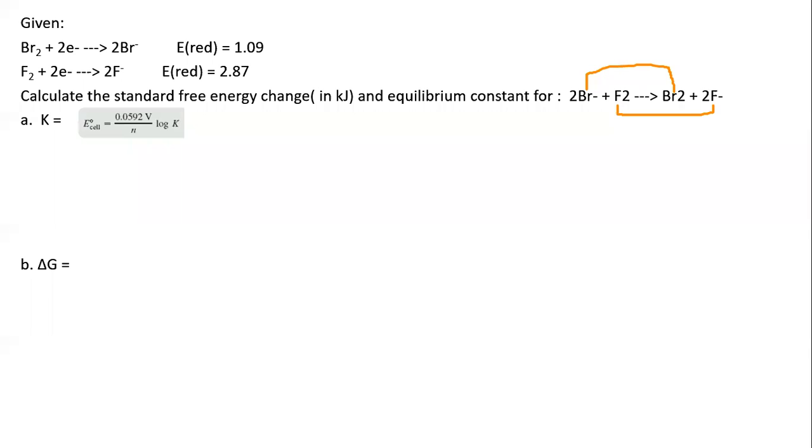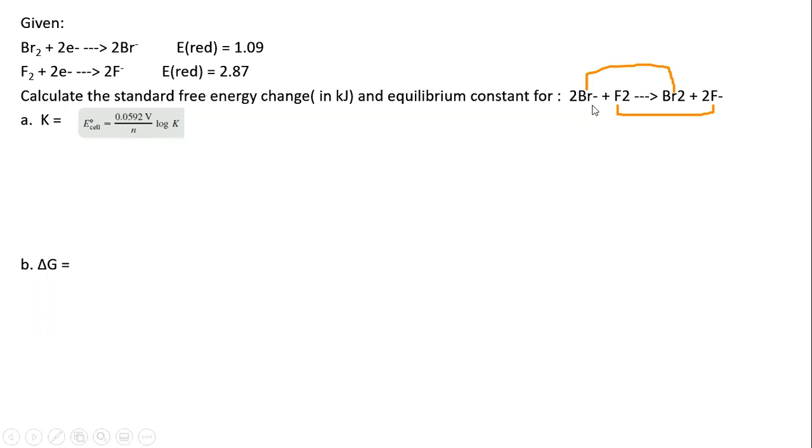Because the temperature wasn't stated, it's understood that it's going to be room temperature. If it's not room temperature, you have to use a more elaborate form of this equation. So again, the E of cell is the standard cell potential of your electrochemical cell, n is the moles of electrons that are transferred, and of course, K is the equilibrium constant.